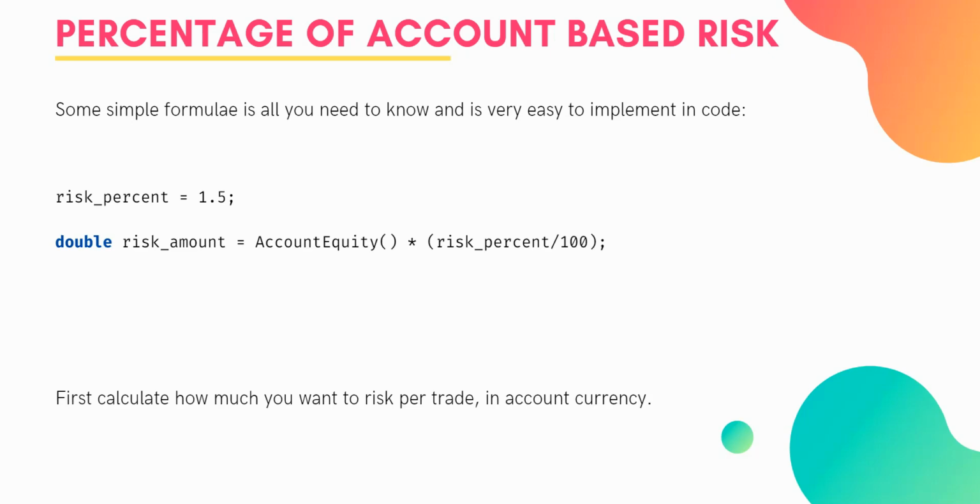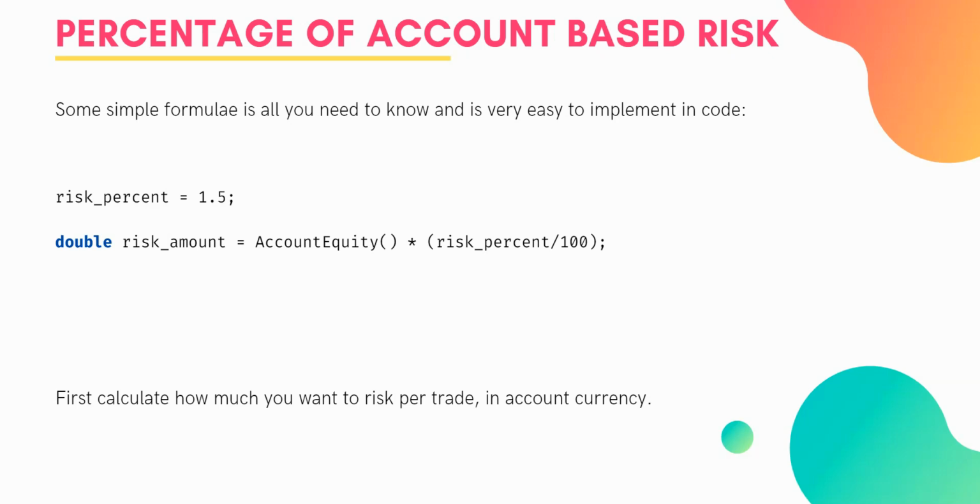So here's an example of how we start it off. We have a double variable that we're going to put our risk percentage in, of 1.5. And then we need to work out what 1.5% of our balance is.